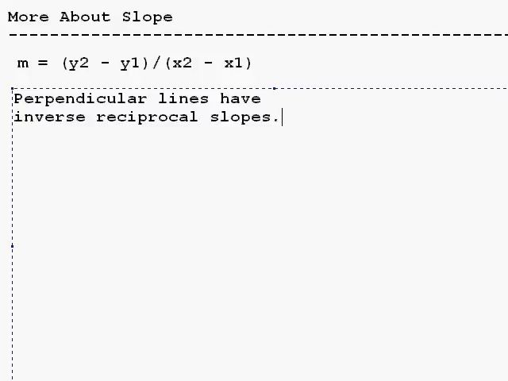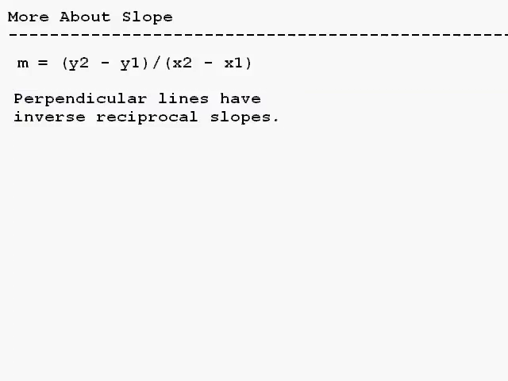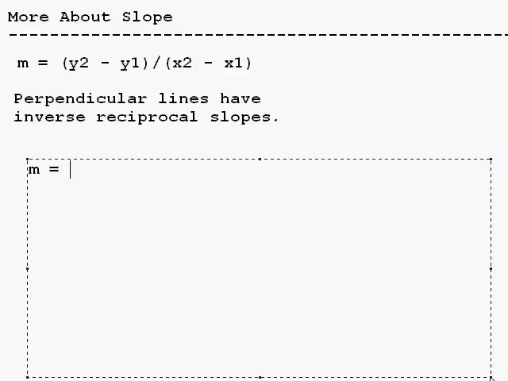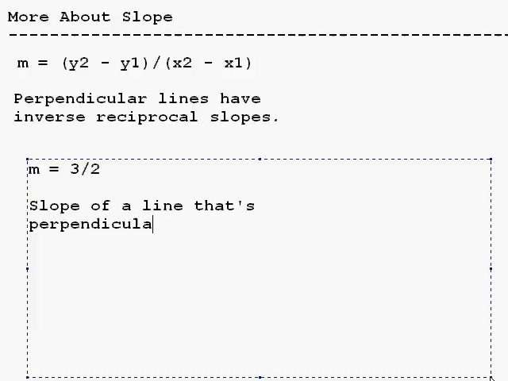So, for example, if m was 3/2, then the slope of a line that's perpendicular is -2/3. And I'll show this on a graph.